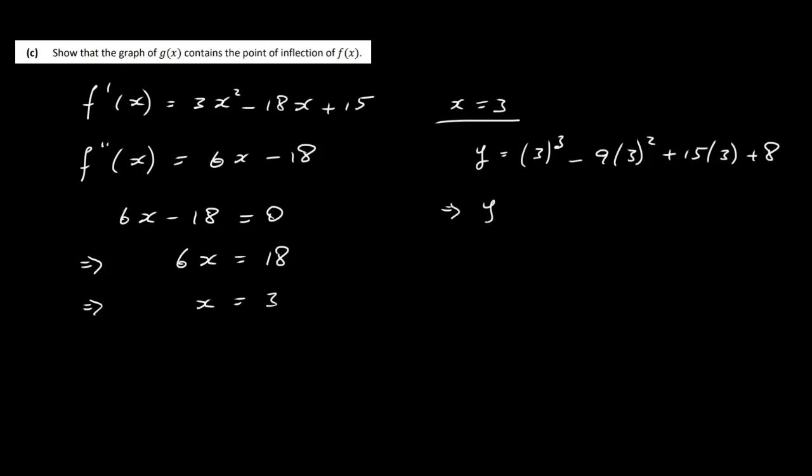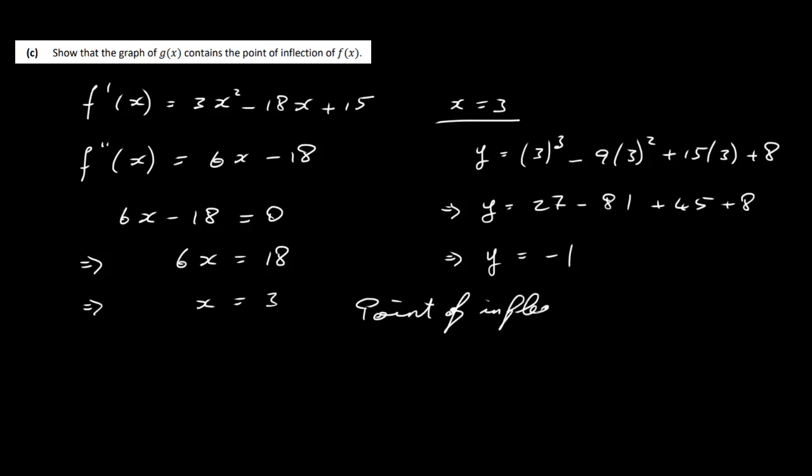So that will give us y is equal to 27 minus 81 plus 45 plus 8, and that should give us minus 1. Y is equal to minus 1 here. So we know that our point of inflection then is going to be 3, minus 1.